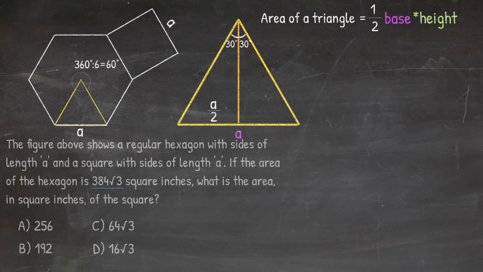Let's take advantage of this and take a look at the right triangle with the degrees of 30 and 60. This triangle has a certain proportion in the length of the sides. Since we know one of the sides to be A over 2, and this is the side lying across the 30-degree angle, we should be able to find the other leg, which is the height in our triangle.